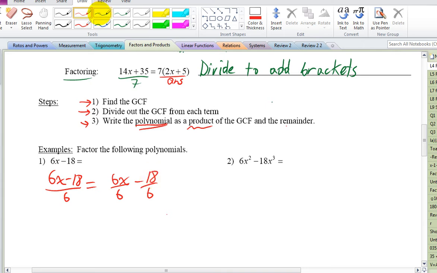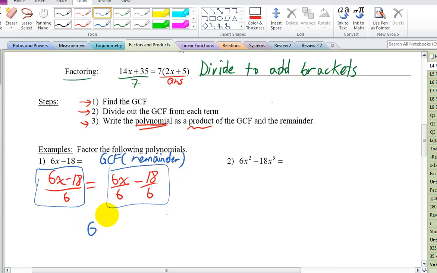Now what's going to happen is we're going to do this for a couple questions, but then you're going to do it in your head and just write the first part. Okay, but you need to understand what's going on. So what we do is divide it, then we write it as the GCF times the remainder. So our GCF is 6, and what's the remainder for the above division?